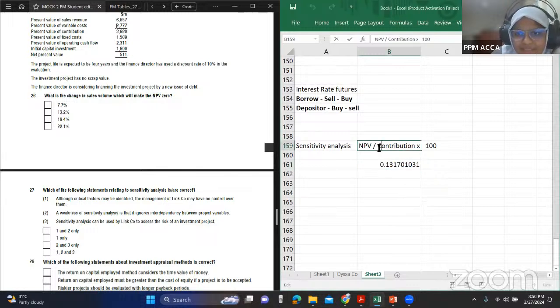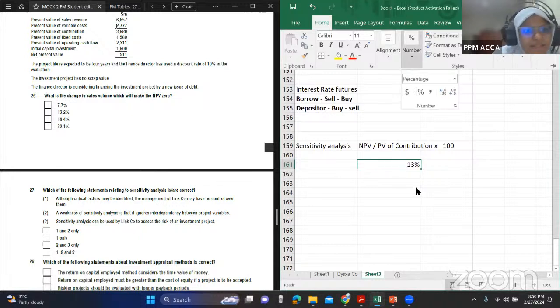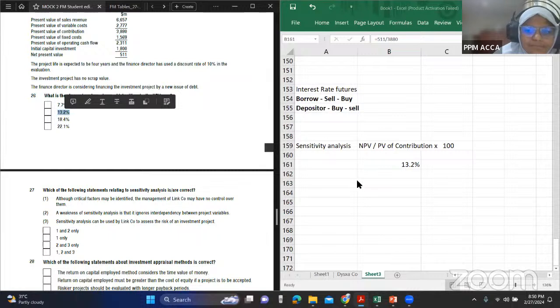So as a percentage, we are talking about 13%. They are giving it to one decimal place, so let's also give it as 13.2%. So that is B.